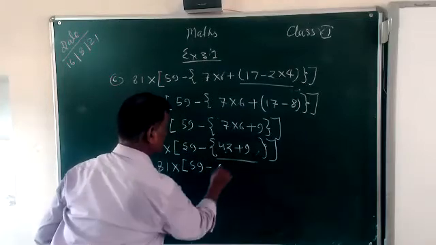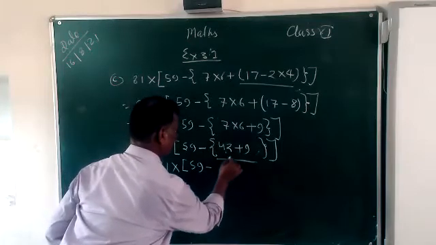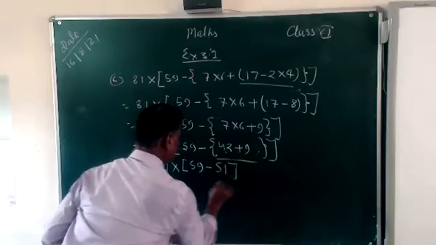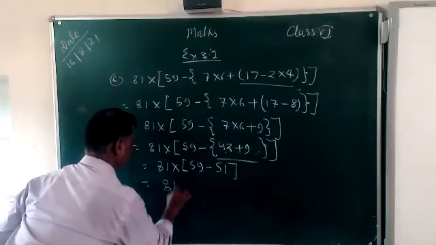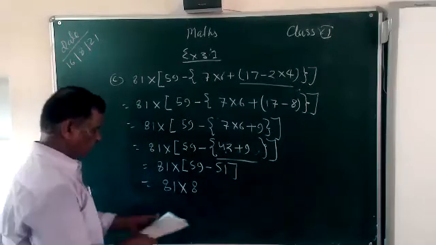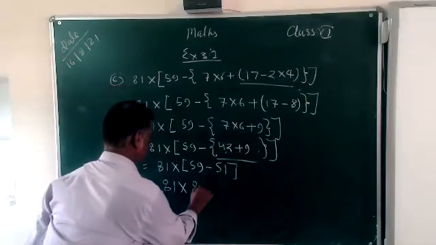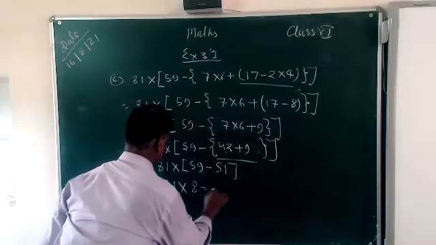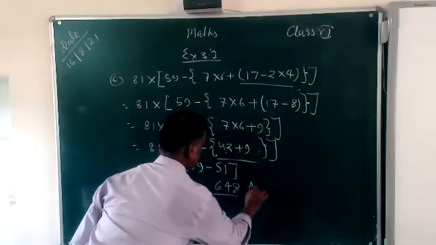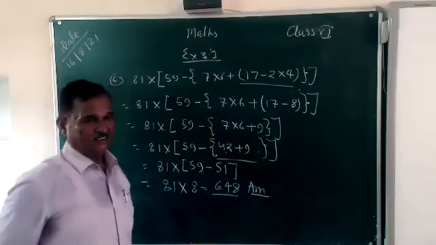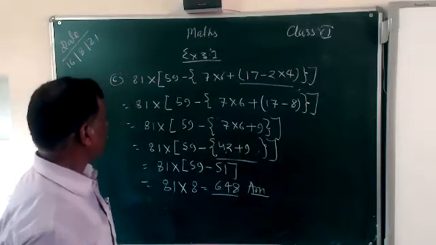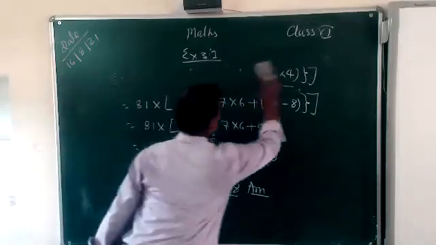Remove the curly bracket. Here is 51 coming, 51. Now remove the big bracket. 81 into, here is 8. Now multiply this. You will get 81 into 8. That is 8 1 ja 8 and 64. 648 coming. This question's answer is 648.